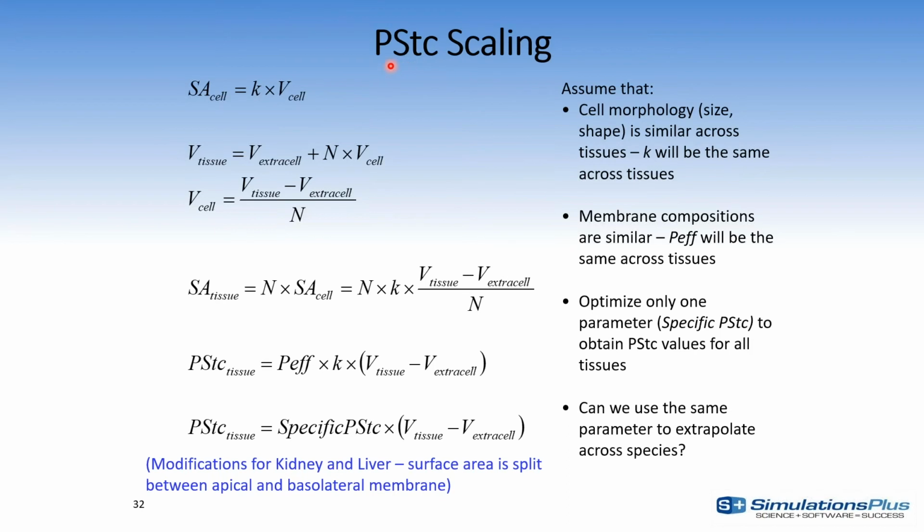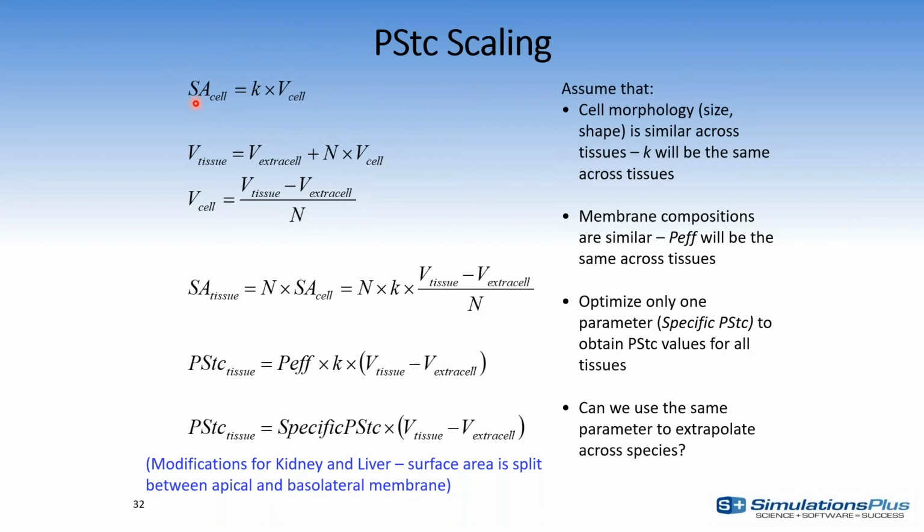Here's how we do the PStc scaling. If we assume that the cells have a certain morphology, and they are similar in size and shape, then the K factor here should be the same across the tissues. For a very simple case, if you think of the cell as having a spherical shape, then this K should be related to 1 over the radius of the sphere.